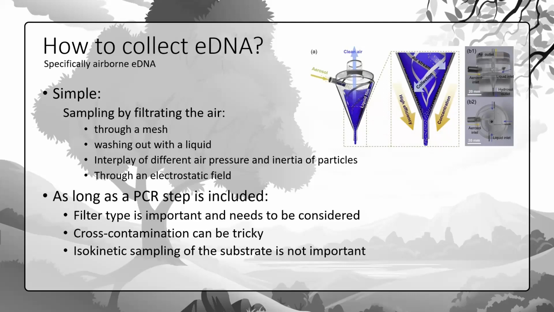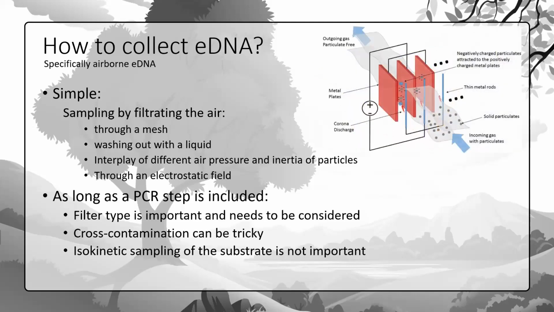The same goes with an interplay of different air pressure and inertia of particles, basically the same as we do with liquid systems, but just without the liquid. And we can, of course, use the fact that our spores over time get an electric charge on them, and we can actually sample them with this electrostatic field.